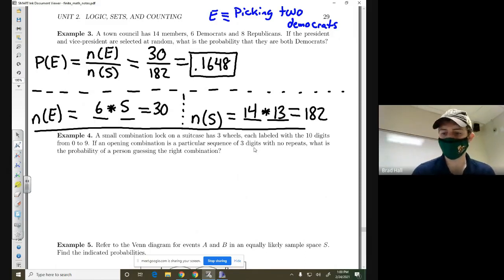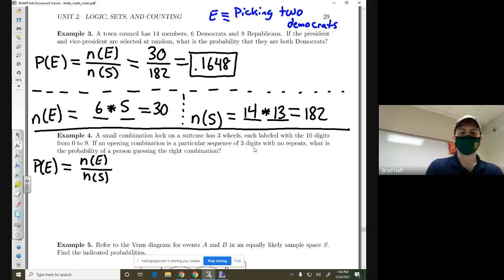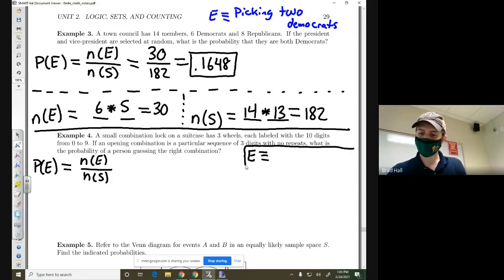So here, again, I'm going to start off with this notation here. And I guess we'll go ahead and just throw in what the event logically means. Not the number, but just the event, what that is referring to.